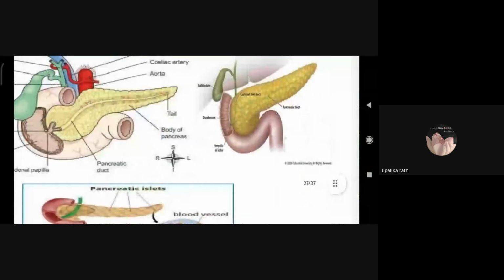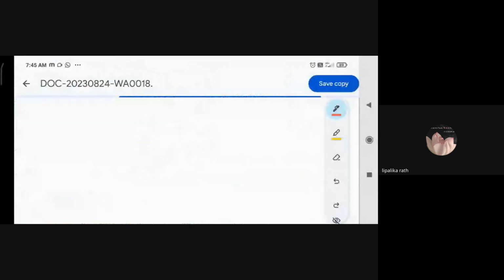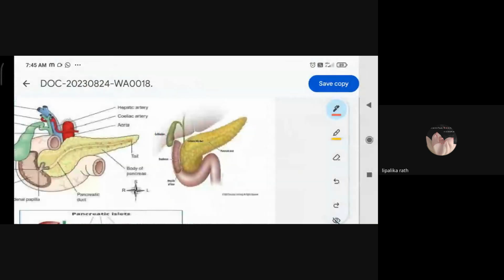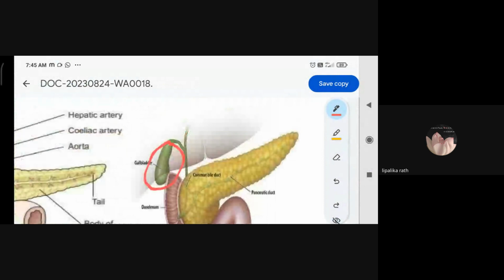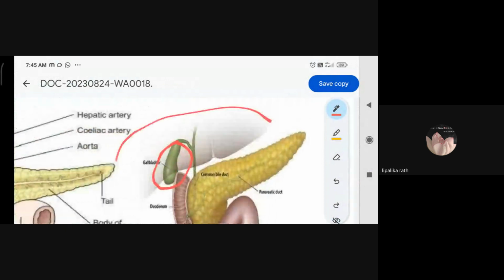And here you can see, yes, this is the gallbladder, and this is the liver. So the liver is producing bile juice. We will learn this once again. And the gallbladder is storing the bile juice, and the gallbladder is also releasing the bile juice here.